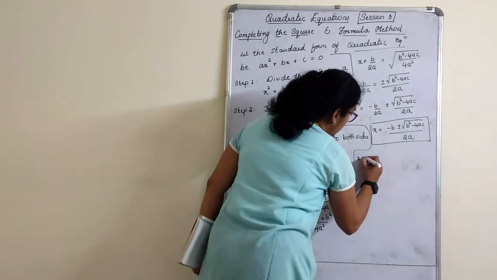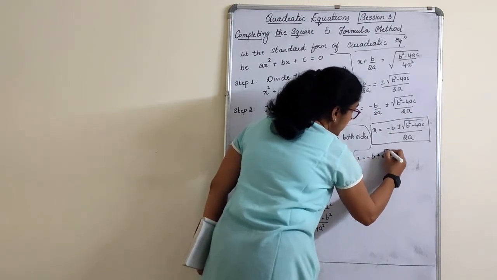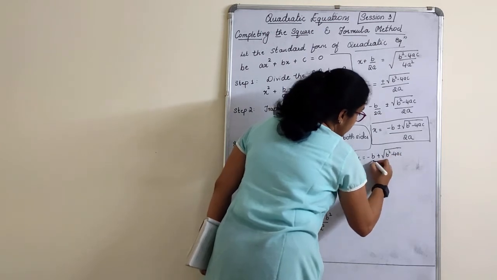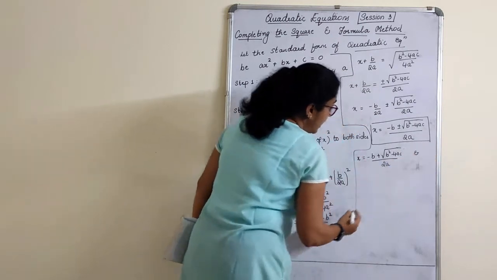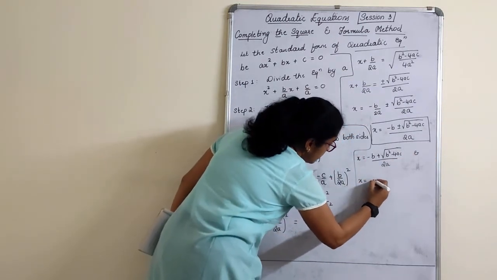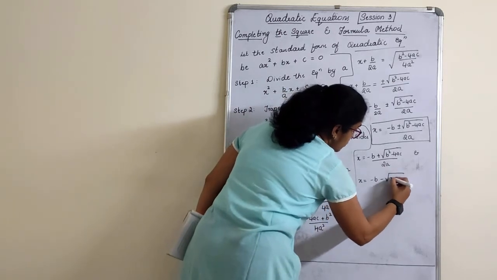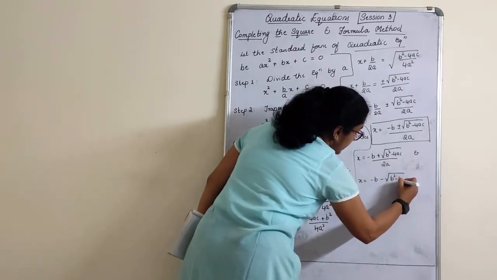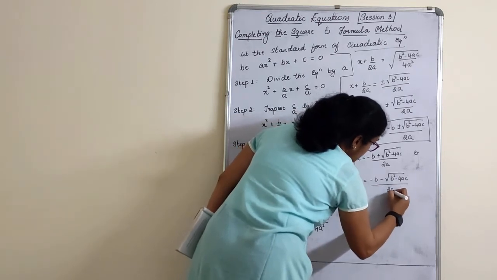I'll show you how. x is equal to minus b plus root of b square minus 4ac upon 2a, and x is equal to minus b minus square root of b square minus 4ac upon 2a.